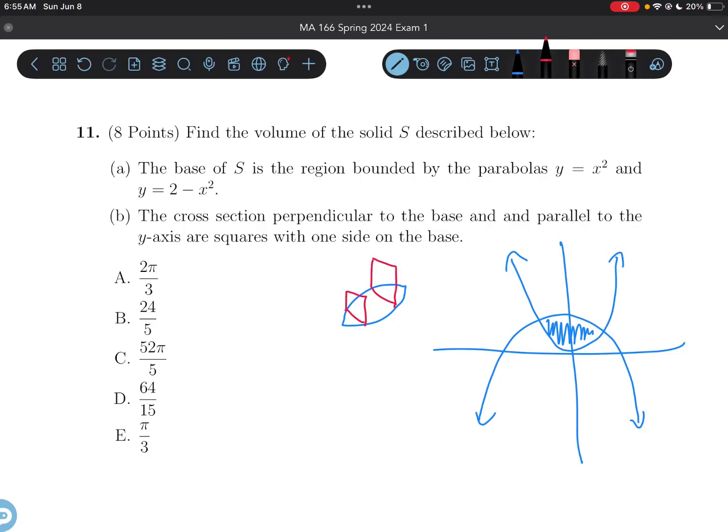As I said, the cross-sections are perpendicular to the base. So the base of these squares is perpendicular to the volume of the solid. Okay, so to find the volume of this shape, what we can basically do is find the area of each of these little squares and then add them up together to find the total volume.